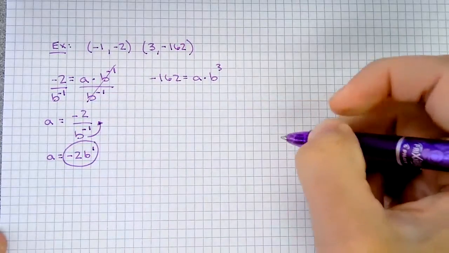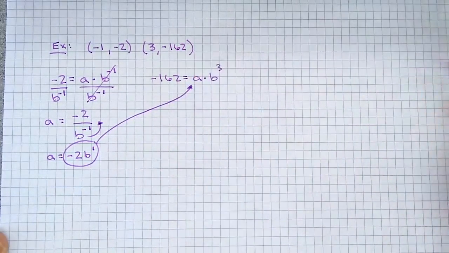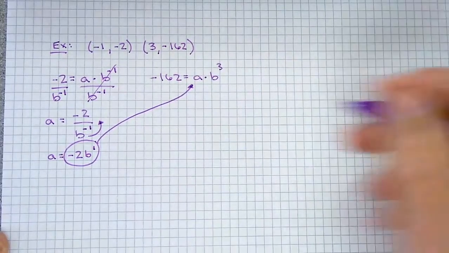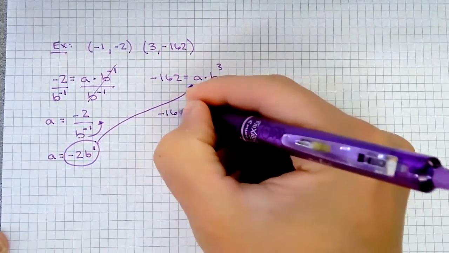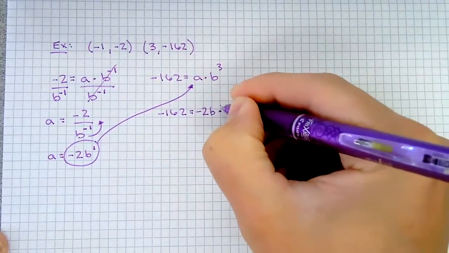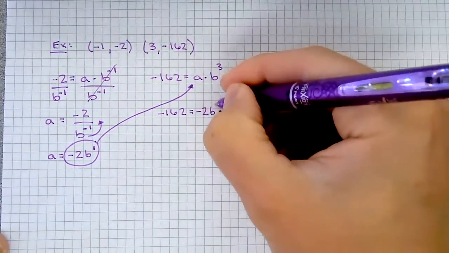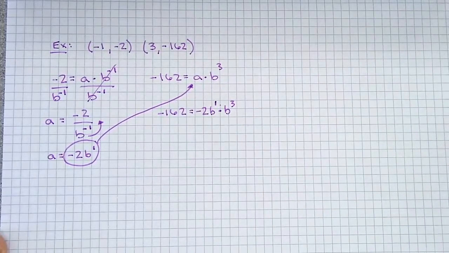Now we're going to take that, and just like we did last chapter, we're going to plug it in for that a there, right? Substitution. So we get negative 162 equals negative 2 times b to the third. You can leave the 1 up there if you want.